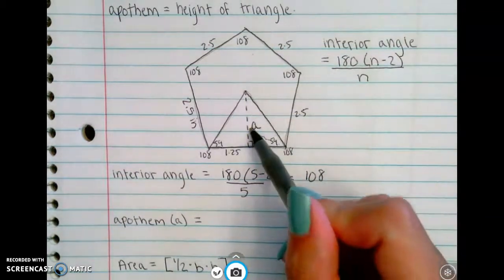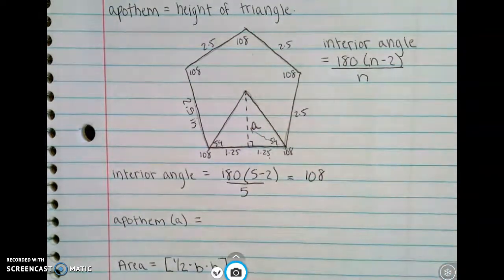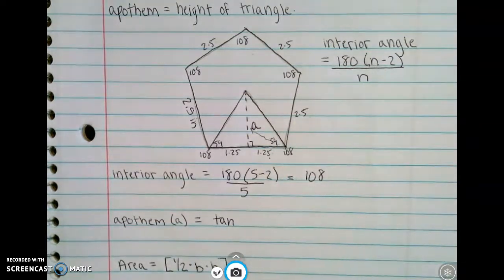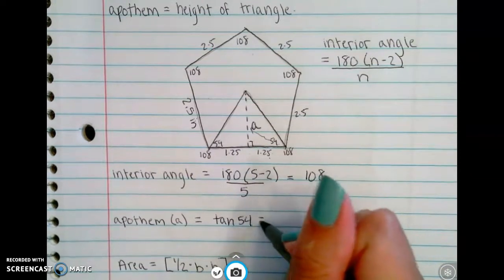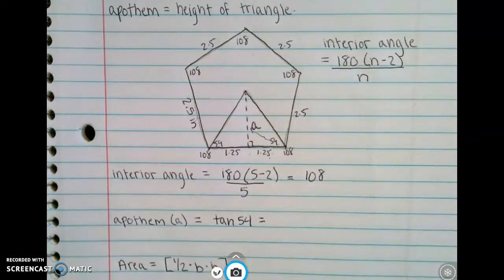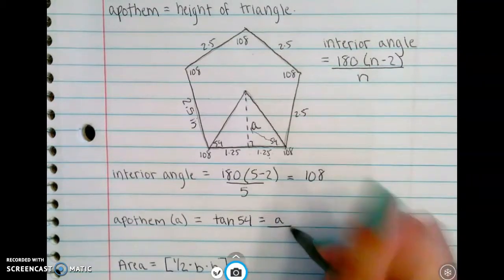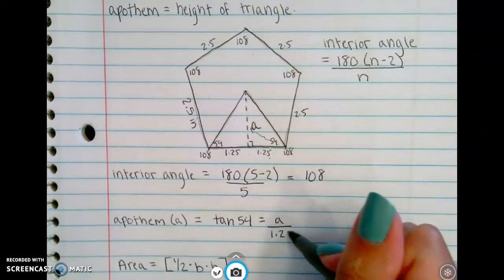If I'm looking for the opposite and I have the adjacent, that's going to be tangent. So tangent of 54 degrees equals the opposite, A, over the adjacent side, which is 1.25.